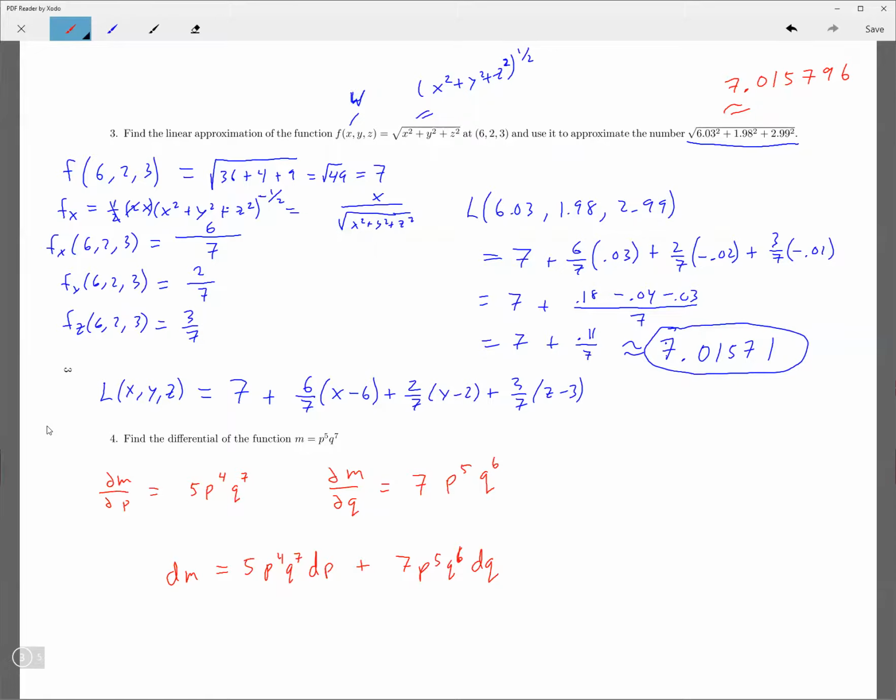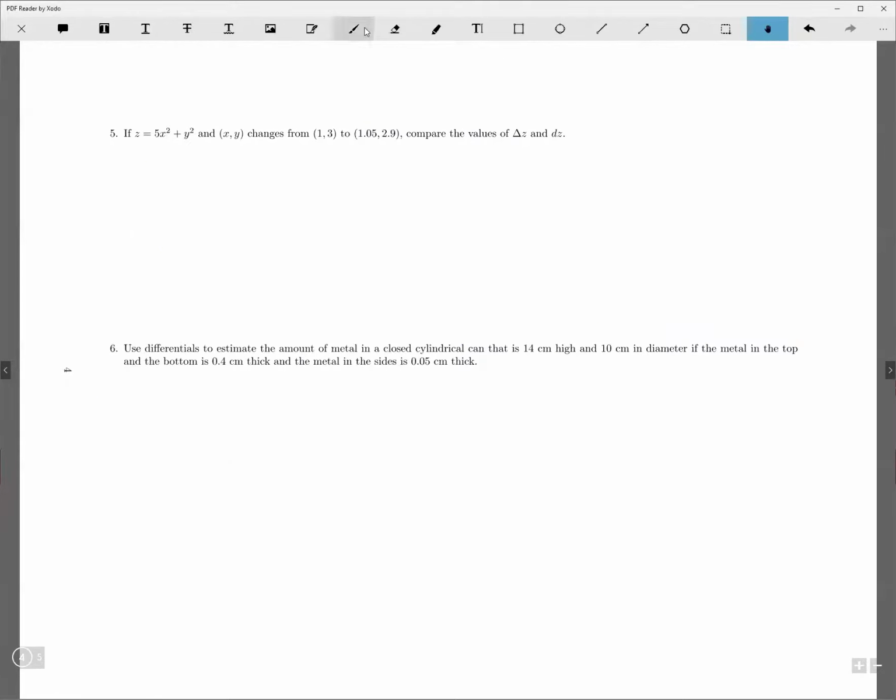Now in WebAssign, they already have the dp and dq there, so you only have to put the partials. Okay, so mine says it was right. So let's move on to the next problem.